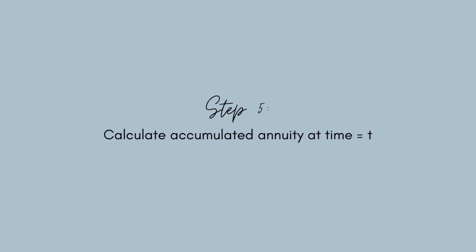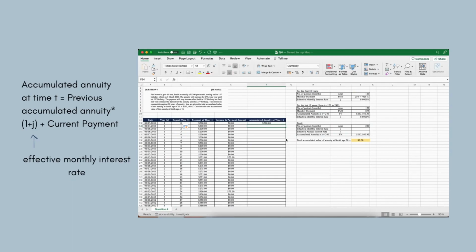So next, we have to calculate the accumulated annuity in the respective periods. So here we will select the accumulated annuity at time t. We'll put in the equal sign. And as we know from the question, the annuity is paid at the beginning of every period.